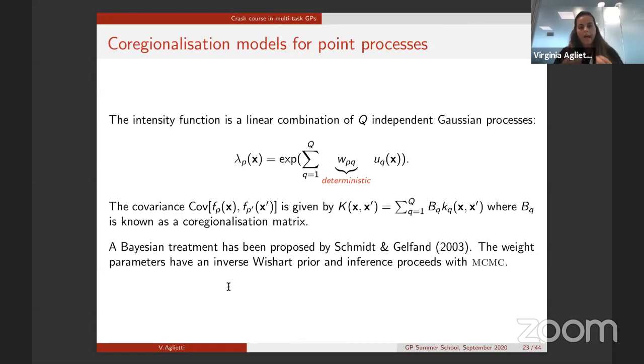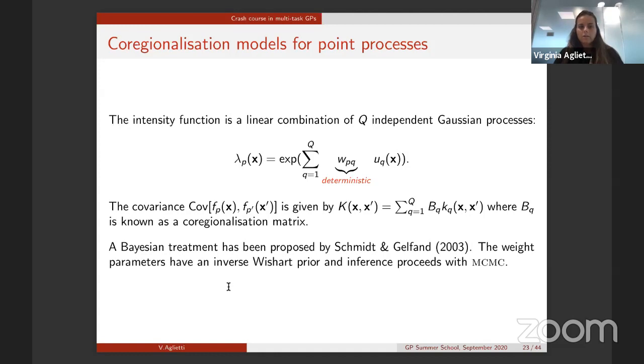Another option to have a multitask GP model for point process data is to consider an ICM, a type of intrinsic coregionalization model where the likelihood is not Gaussian anymore, but is actually Poisson. In this case, the intensity function lambda_p for the p-th process is defined as the exponential of a linear combination of different latent functions.